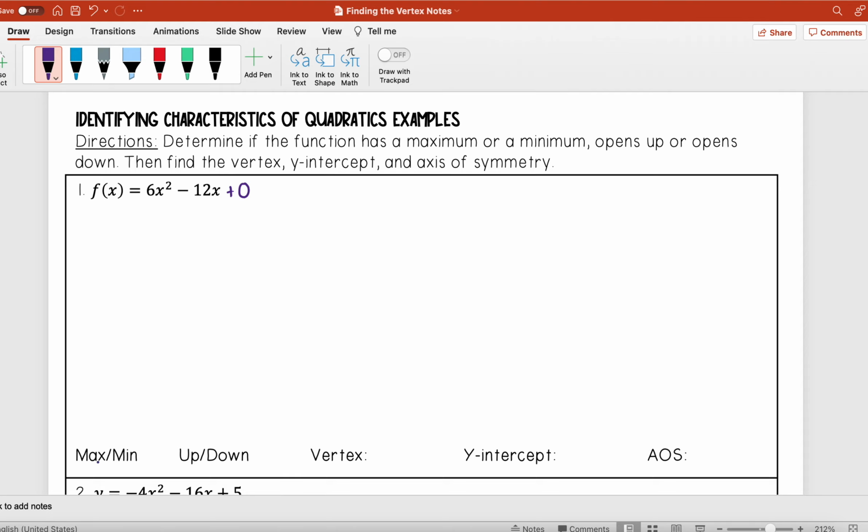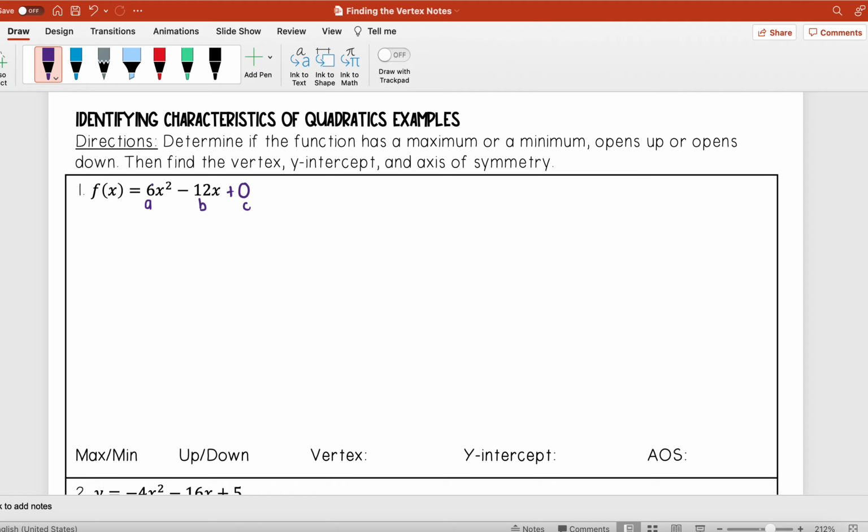Now I can immediately answer these first two questions just by looking at my function here. So my first one asked me whether I'm going to have a maximum or a minimum, and then whether it's going to be up or down. And I can tell that from my a value. So here 6 is my a, negative 12 is b, c is 0.